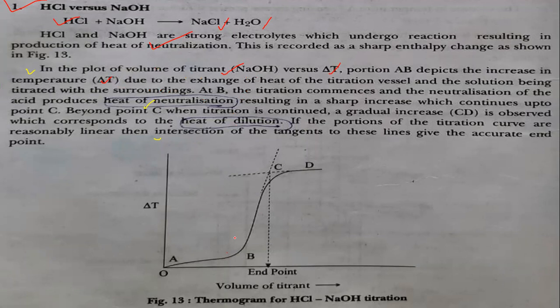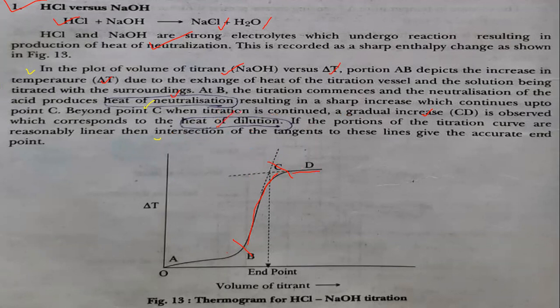At point B, the titration commences and the neutralization of the acid produces heat of neutralization, resulting in a sharp increase up to point C. Beyond point C, when the titration is continued, a gradual increase CD is observed, a very slight increase, which corresponds to the heat of dilution.